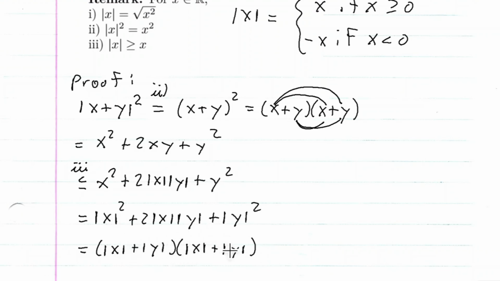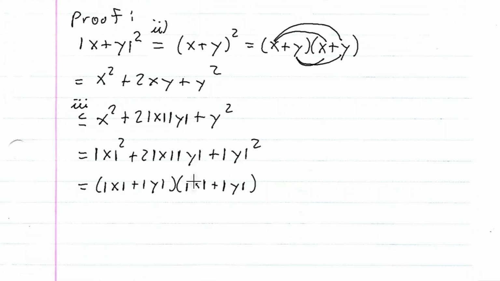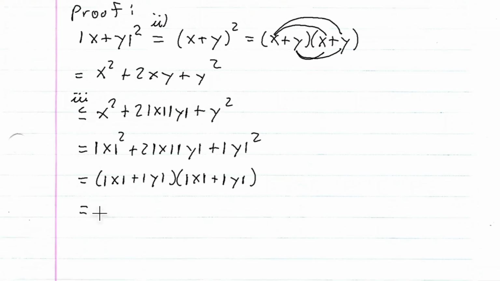Absolute value of x times absolute value of y plus absolute value of y times absolute value of x is 2 absolute value of x, absolute value of y. And absolute value of y times absolute value of y is absolute value of y squared. So this is equal to absolute value of x plus absolute value of y, squared. So look at what we have.